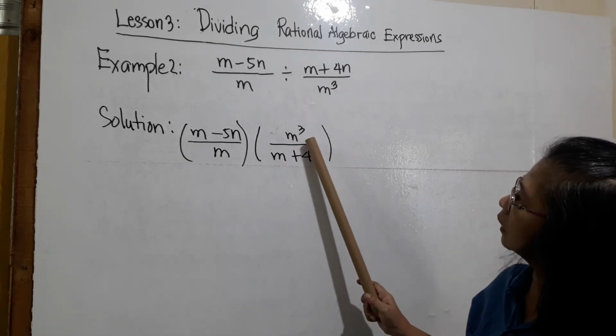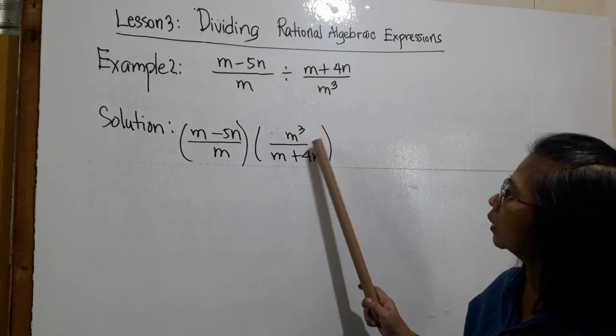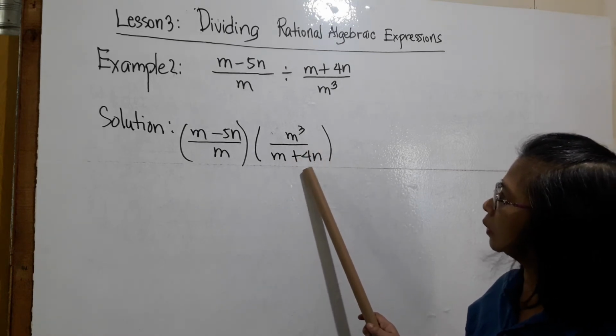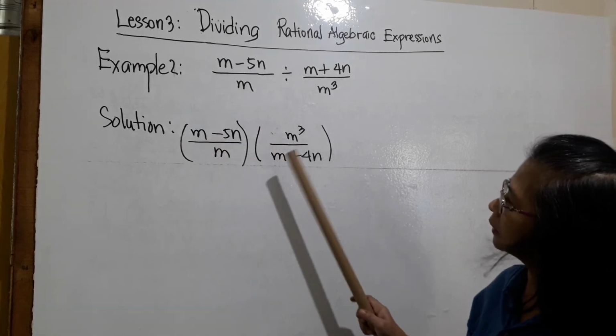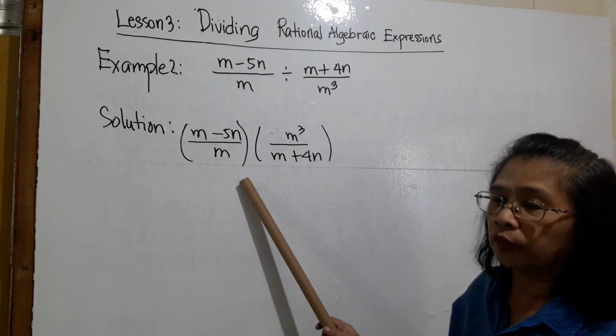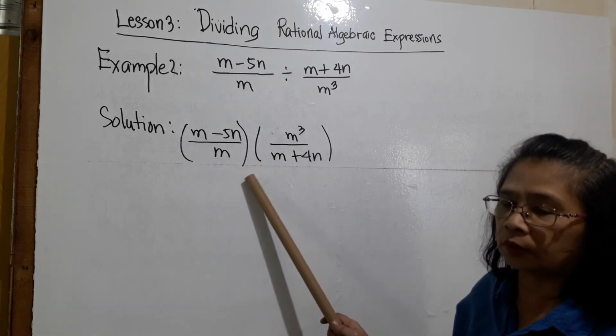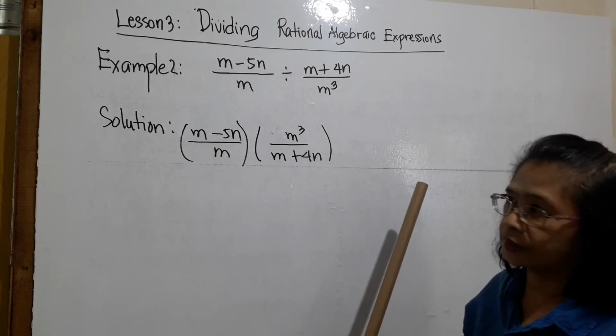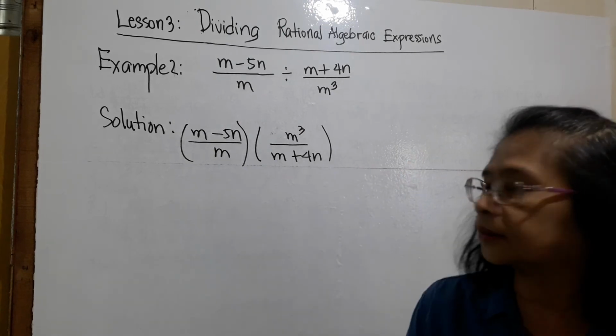So m cubed is now in the numerator and m plus 4n is now in the denominator. And I use parentheses to indicate that we are ready to apply the steps in multiplying rational algebraic expressions. So what is then the next step?